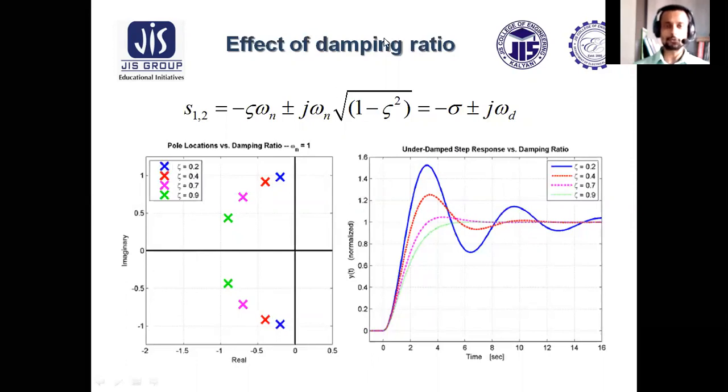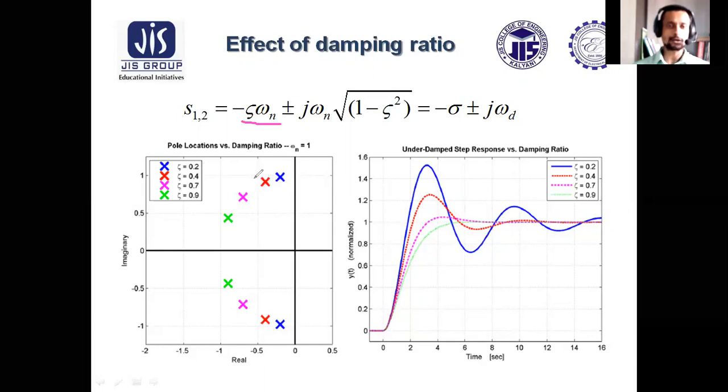So this is the real part with zeta 0.2. The real part is less when zeta is less. As zeta increases, this term will be increased, so the real part will be increased. So this blue shows the pole location for zeta equals 0.2.